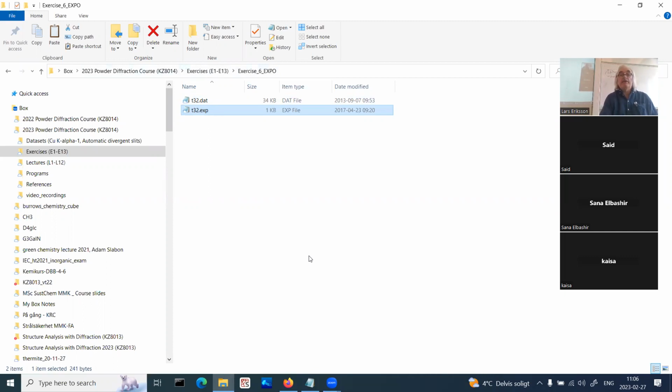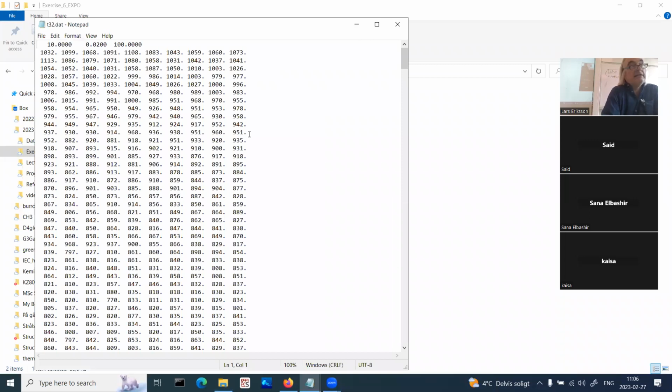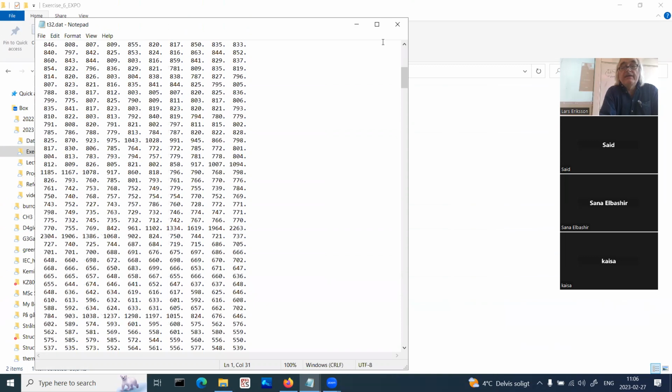But we can have a look at this one first. This is a diffraction pattern from an X-ray powder diffractometer, where the first line is the 2 theta start, step, and ending. So we will have something like 4,501 points, a long list.